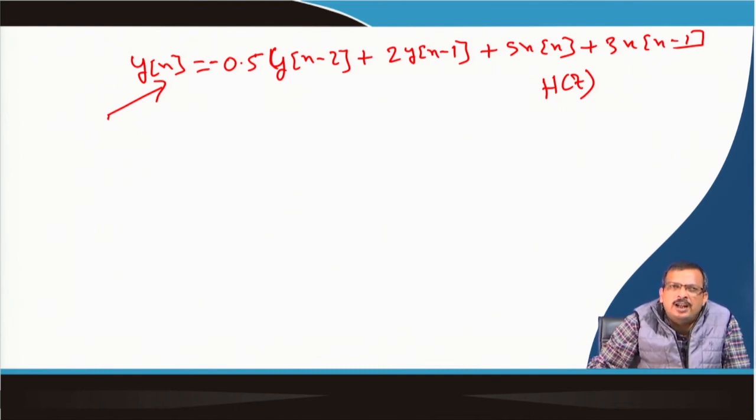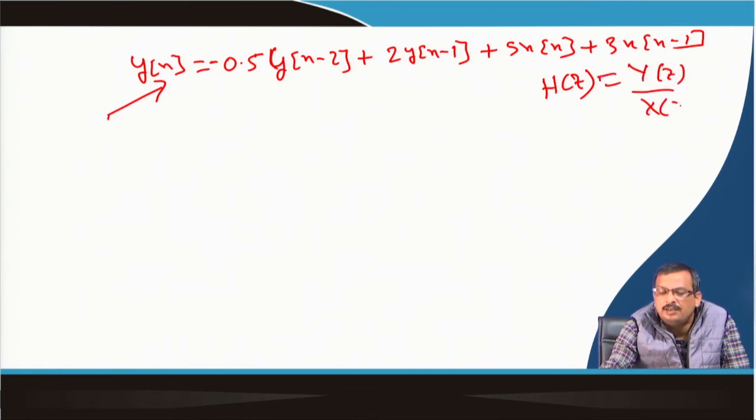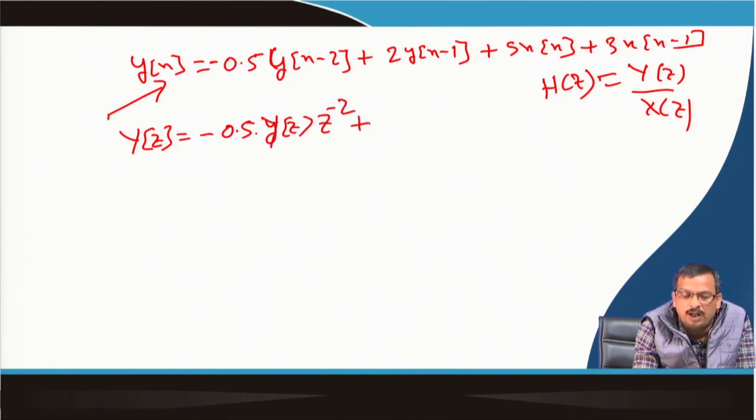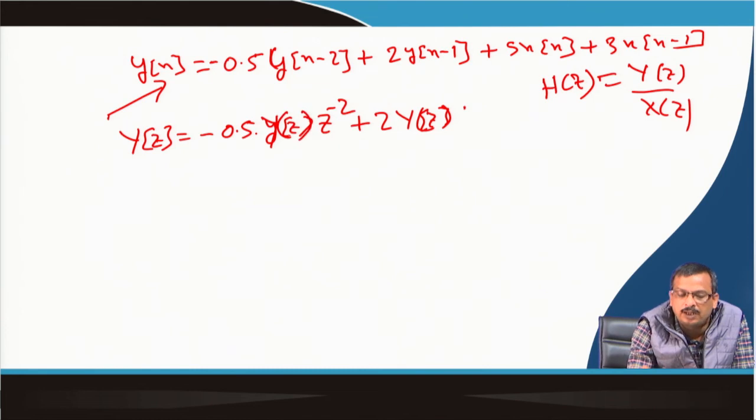So, if I want to find out H(z), it is nothing but Y(z) by X(z). How do I do that? I take the Z transform. So, Y(z) is equal to minus 0.5 into Y(z) z to the power minus 2, plus 2 into Y(z) z to the power minus 1.